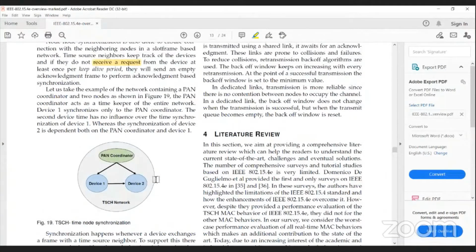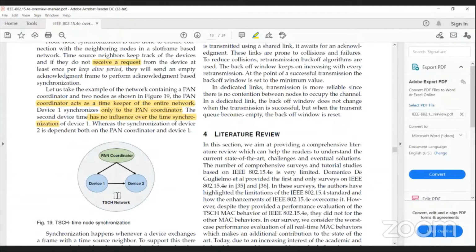Let me see. Figure 19. Yeah, it says this. Take the example of a network containing a PAN coordinator and 2 nodes. The PAN coordinator acts like a timekeeper of the entire network. Device 1 synchronizes to only the PAN coordinator. Device 2 has no influence. The second device's time has no influence over the time synchronization of device 1.